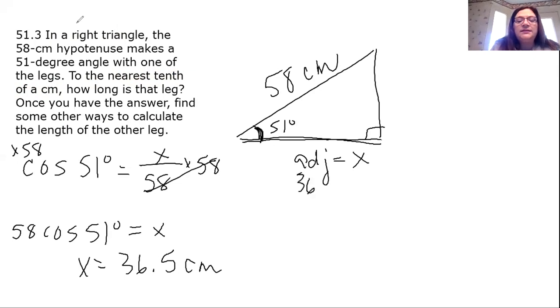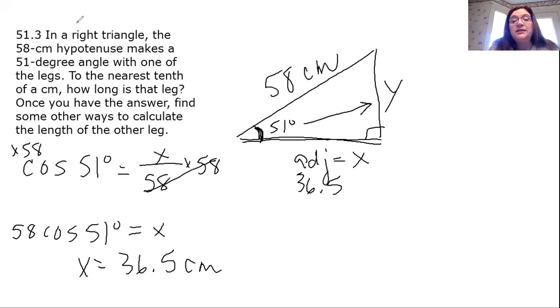Now we've got this leg then. This is 36.5. How do I find this other leg? Let's call it y. I've got two ways off the top of my head. How can we find y? Well, y is which part of the triangle with respect to that angle? It's the opposite, right? What is opposite over adjacent?